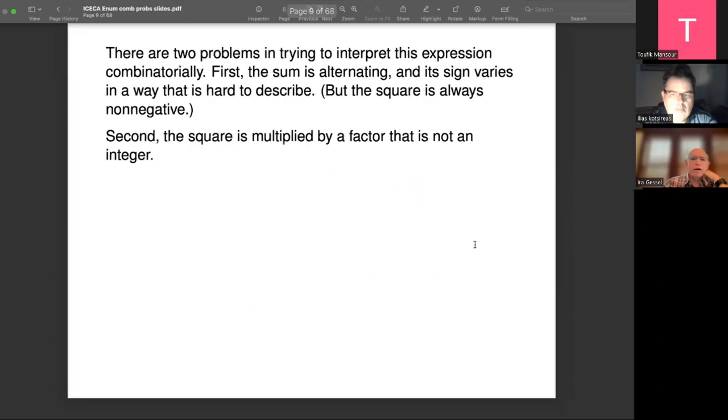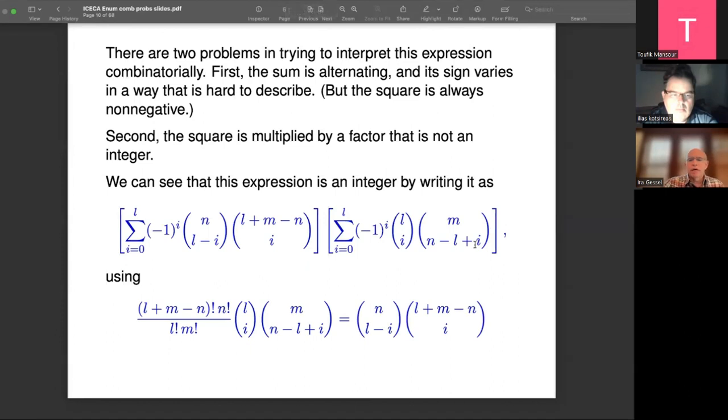Another problem with trying to interpret it is that the square is multiplied by a factor that's not an integer. Well, it's not at all hard to prove that that expression is an integer, because we can write it as a product of two alternating sums that are clearly integers.